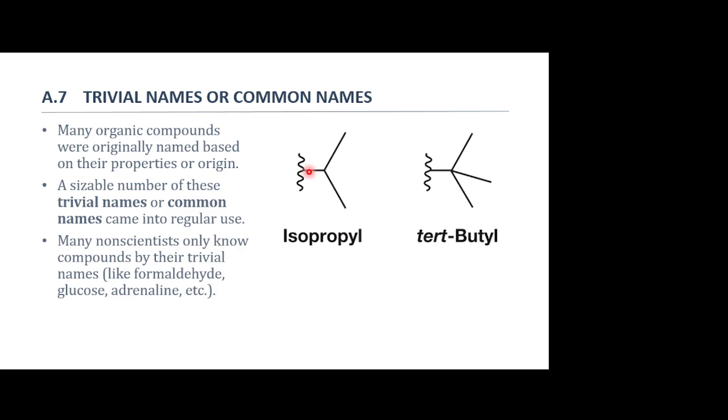Oh, isopropyl. So isopropyl is actually denoting two methyl groups at the end. Propyl means three, so you have to have only 3 carbons in there. But the iso part is just referring to this part.